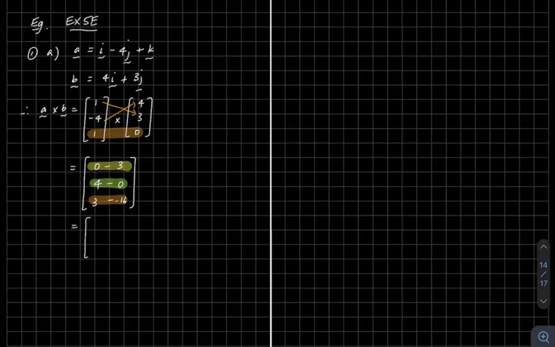So what does that give me? 0 minus 3 is negative 3, 4 minus 0 is 4, and 3 take away negative 16, or 3 plus 16, is 19. Just to be clear, this is a vector, that would be the same as negative 3i plus 4j plus 19k.